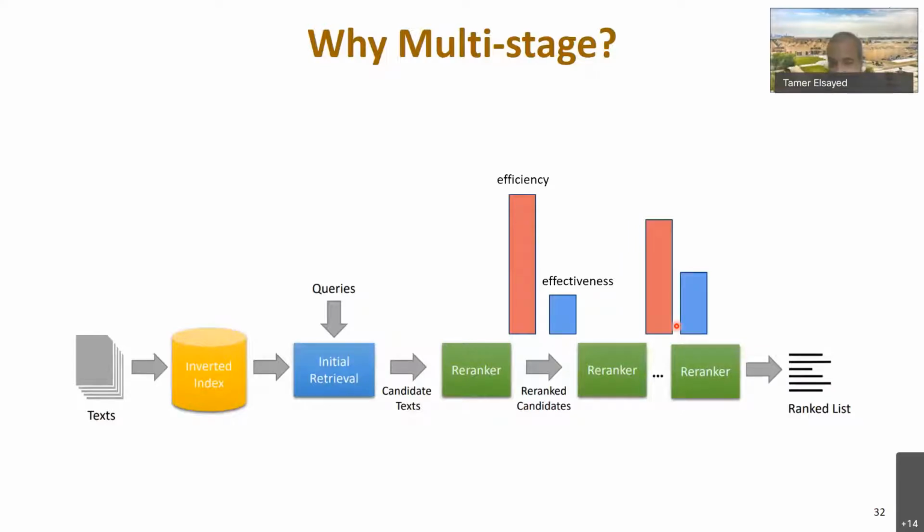So as I move to the right, I will use more complex rankers, which will be less efficient but more effective. As you see here, efficiency goes down, which means it will be slower, but effectiveness goes up.